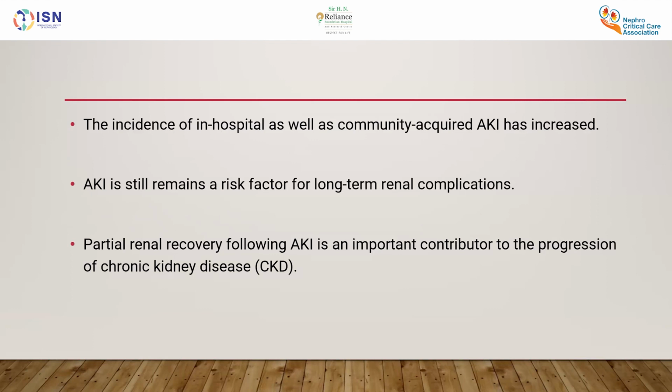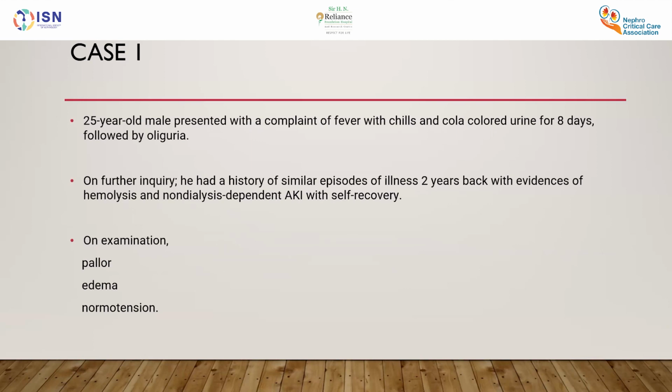The incidence of in-hospital and community-acquired AKI has been increasing. It remains a risk factor for long-term renal complications, and even partial renal recovery following AKI leads to progression of CKD. So I have 3 cases, and I'll discuss those.